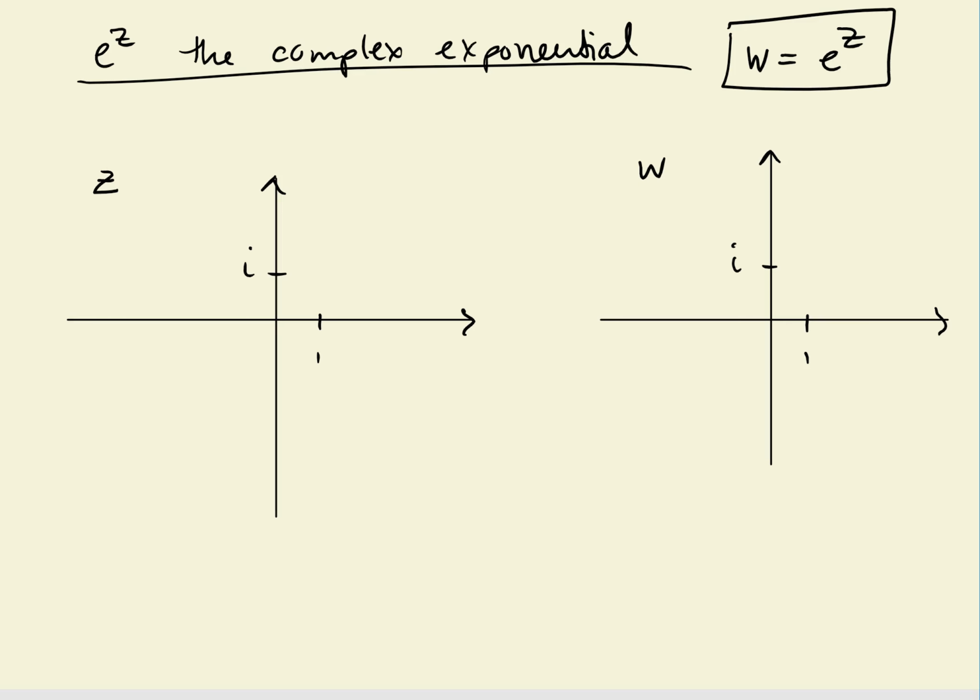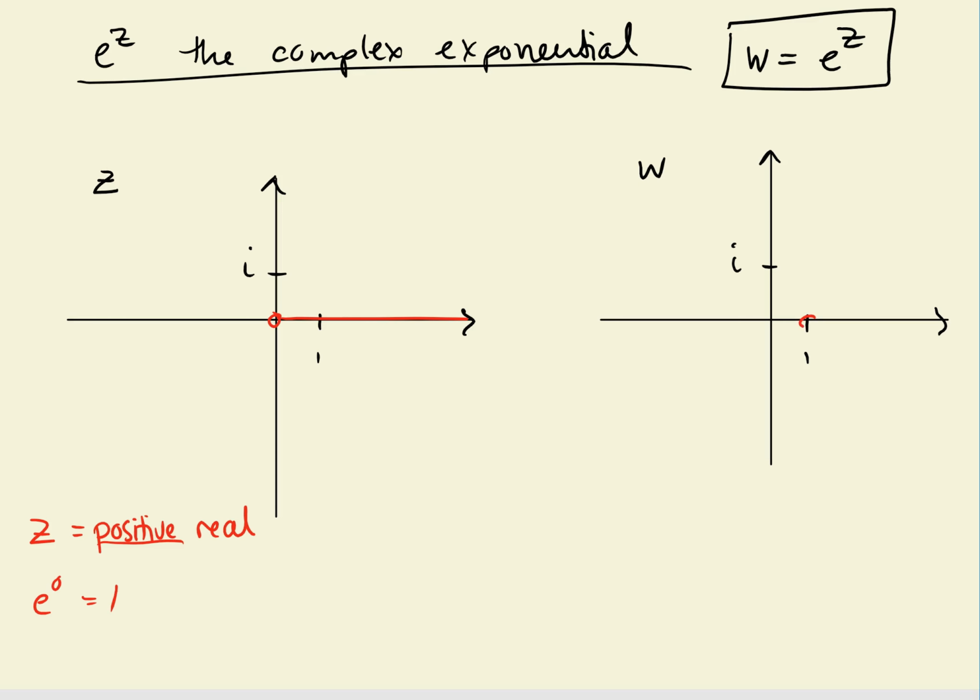And in order to investigate what happens when I plug in different numbers in z's place, let's try to look at some special cases. For instance, if z is a real number, or in fact, let's say z is a positive real number, then let's include 0. Then we have z here on the real line over here. How would that be mapped into w? Well, e to the power of 0, that's just 1.